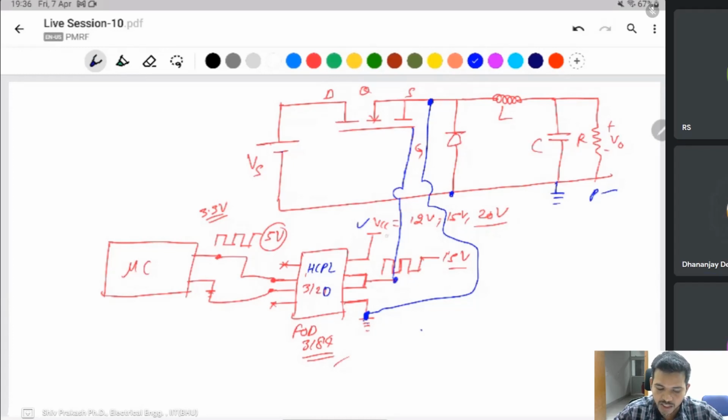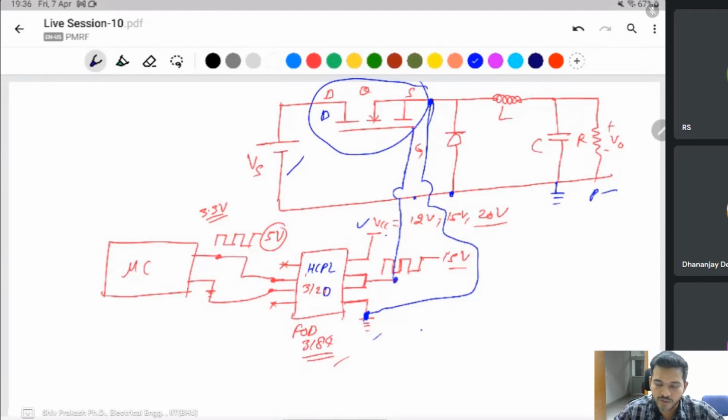If VCC shares the same ground pin, at that moment you can't drive the buck converter like that. The whole circuit is connected through the VSS only, because this one is the drain and this one is the source, connected through the lower circuit. That's why you require the isolation circuit.